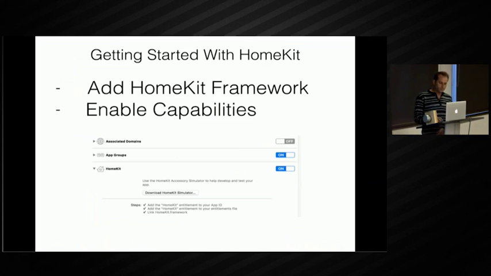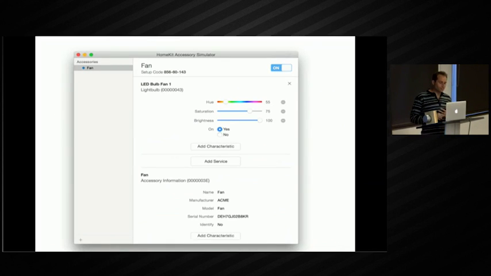The HomeKit simulator lets you simulate devices, so it's a much cheaper way to develop a HomeKit app if you don't actually have to buy new devices. You can create your own device, and you can see here that this device has a couple different characteristics. There's a light bulb service, and then different characteristics, and you can just add your own. It's much easier than making a physical device. You can literally construct your own virtual device and use that for testing.